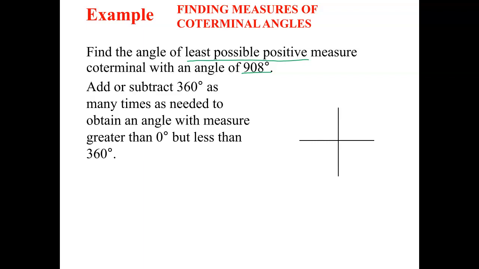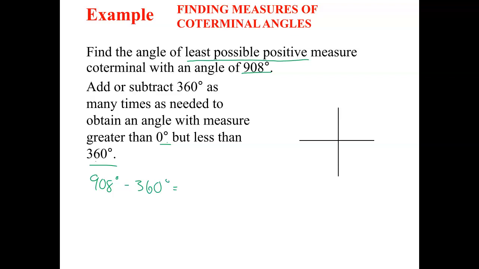So if I want the smallest possible positive measure, it's going to be an angle that's between 0 and 360. That's just the one rotation. Okay? So we take 908. And if I want to get it to between 0 and 360, am I going to add or subtract from 908? Subtract. Go ahead and subtract 360.